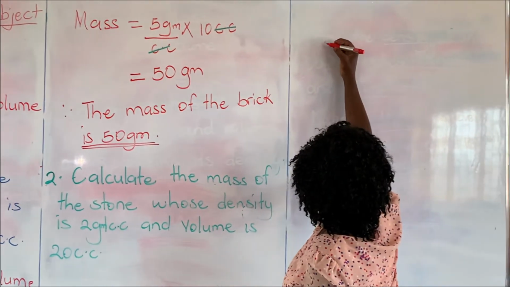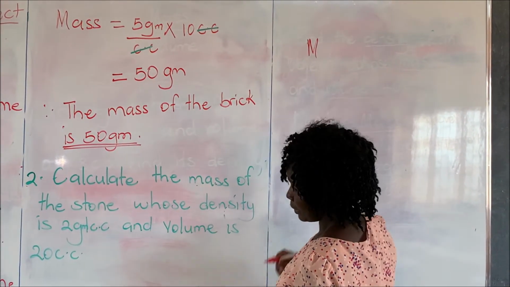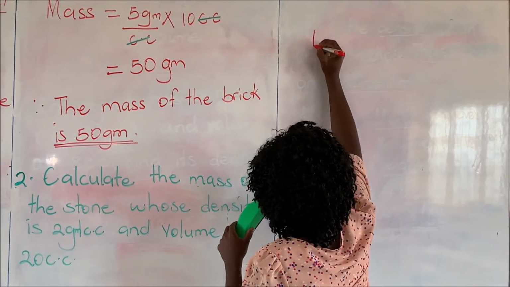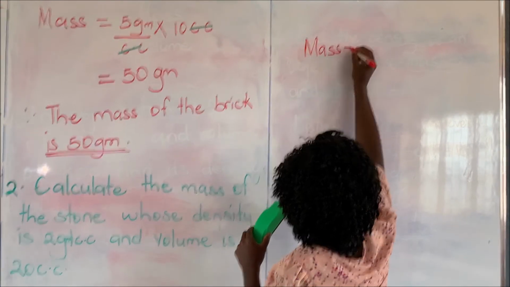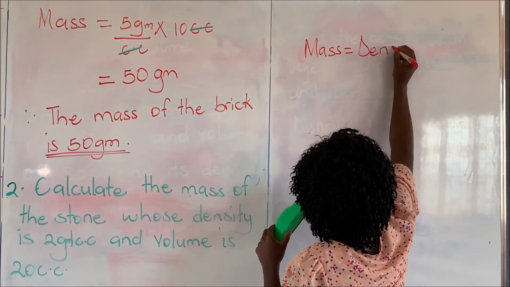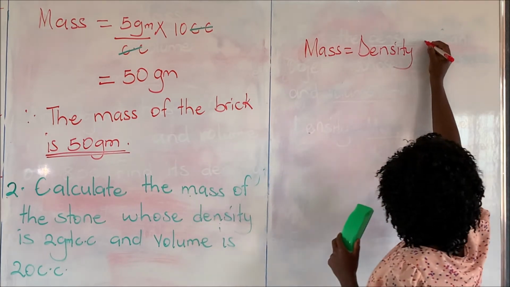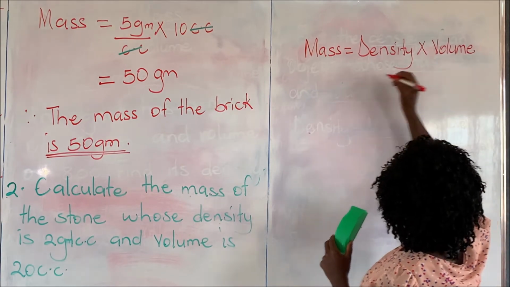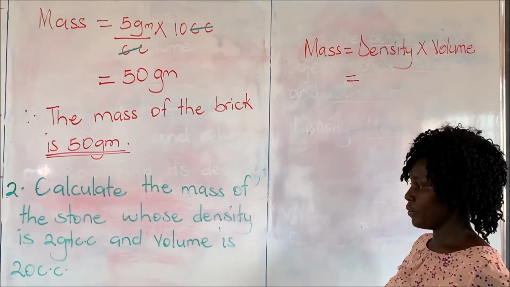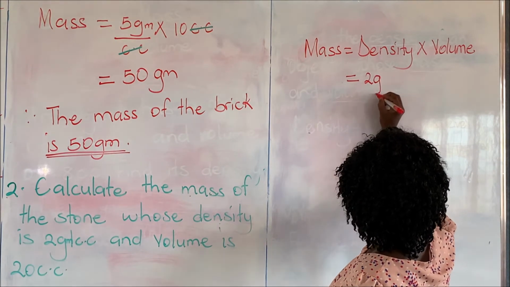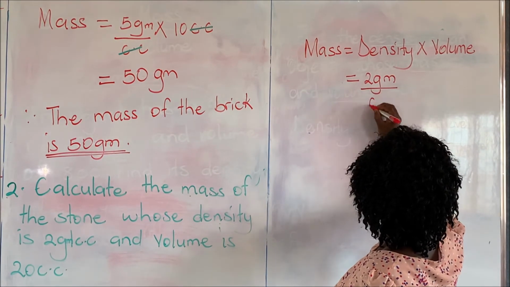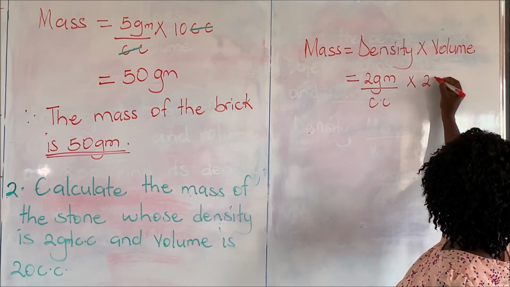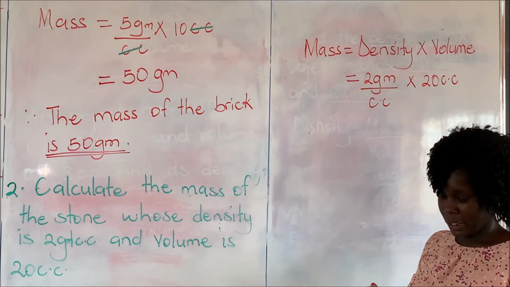Remember, how do we get mass? Mass will be got by multiplying the density times the volume. So we substitute. What is the density given? 2 grams per cubic centimeter times what is the volume given? 20 cubic centimeter.